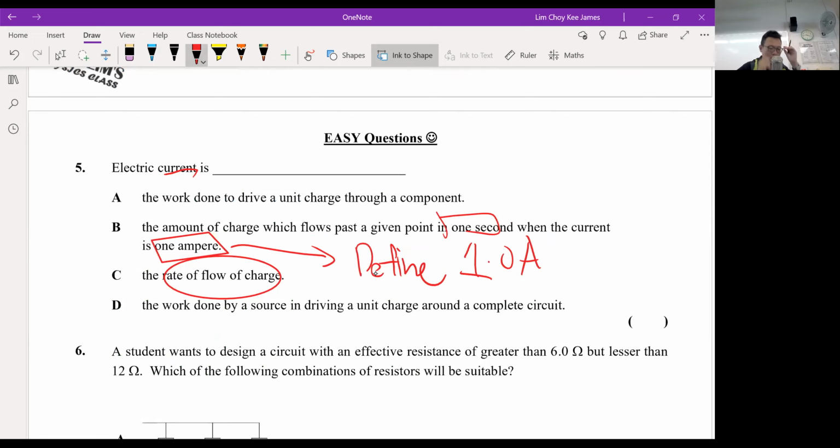But since the question asks for a generic definition for current, the relevant definitions will have to be given. So A, B and C are correct answers. They are correct phrasing, they are correct facts. But C answers the question. So that's why C is a better choice here.